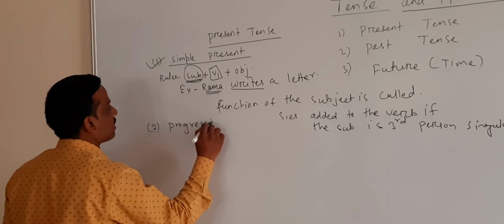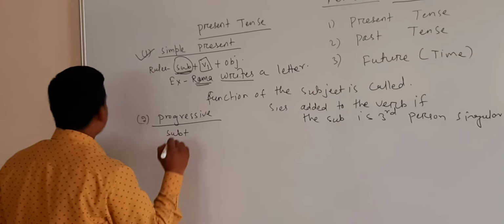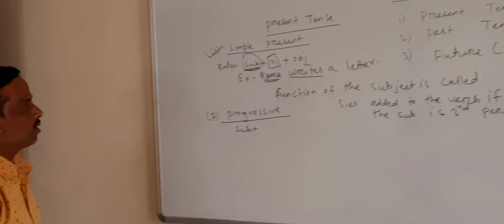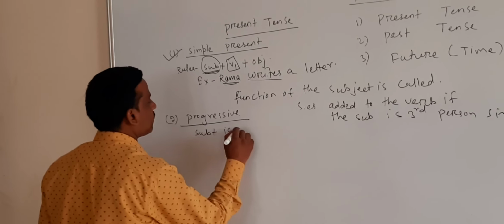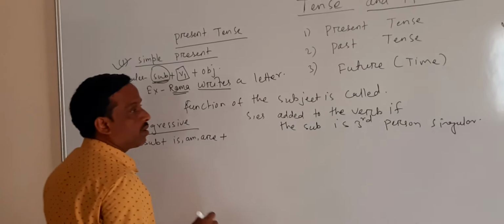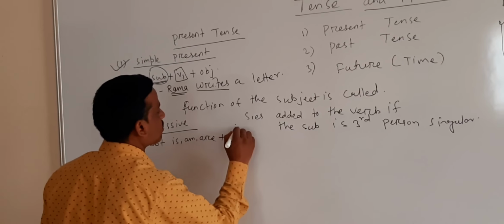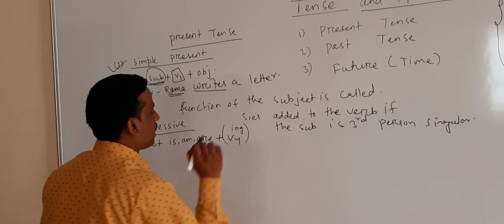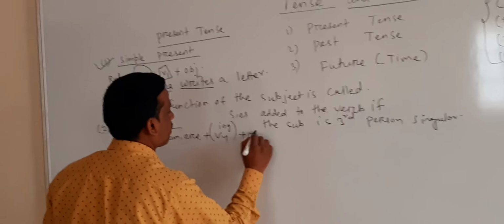The second form is the progressive. It is called present progressive. There is a subject, and here helping verbs are used: is, am, are. And here is the main verb, the fourth verb, V4, which is the ing form of the first verb, and then the object.